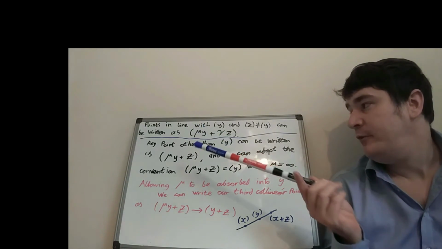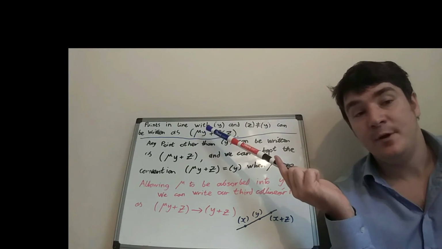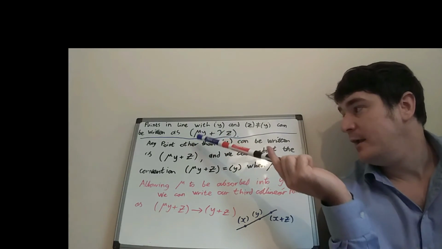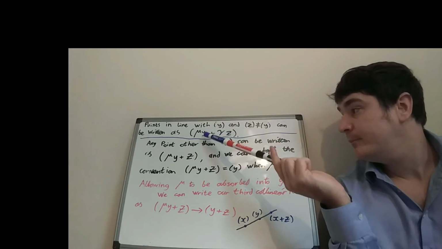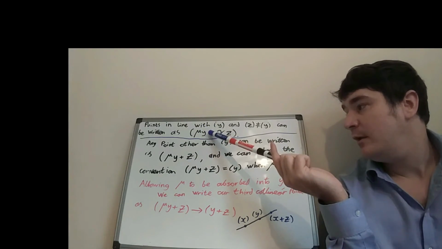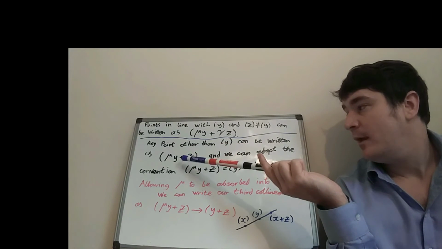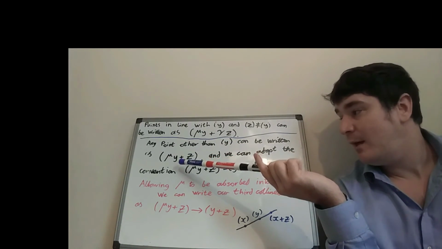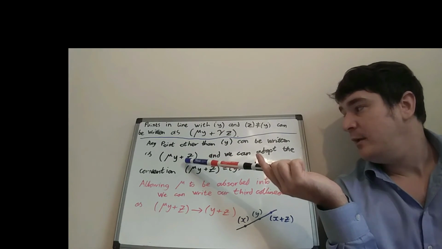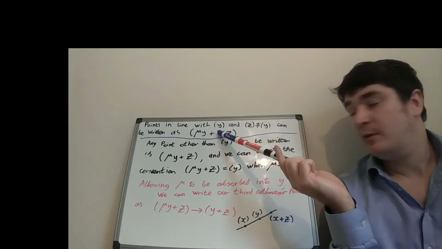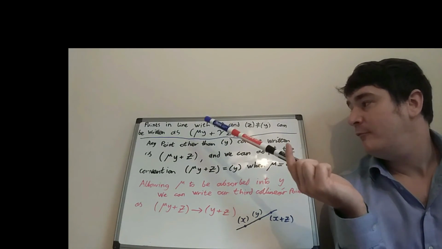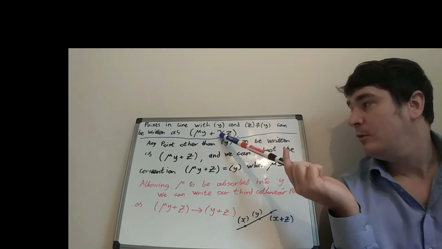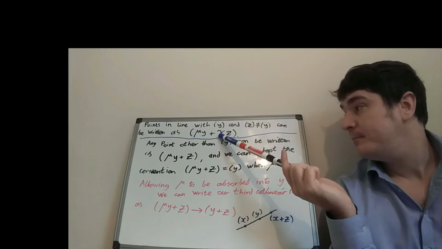So if you think about it, any point on this line, apart from y itself, can be written like this, because provided we're not talking about the point y itself, we can express the point like this for some value of nu which is not 0.